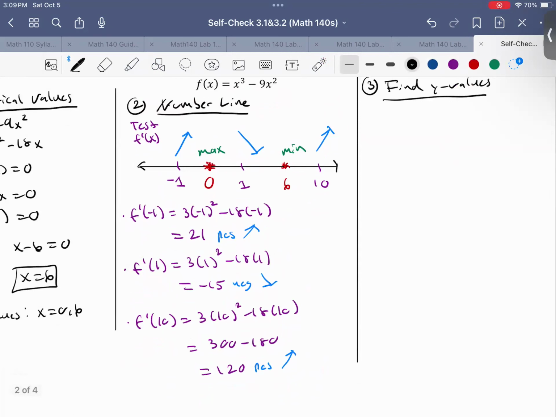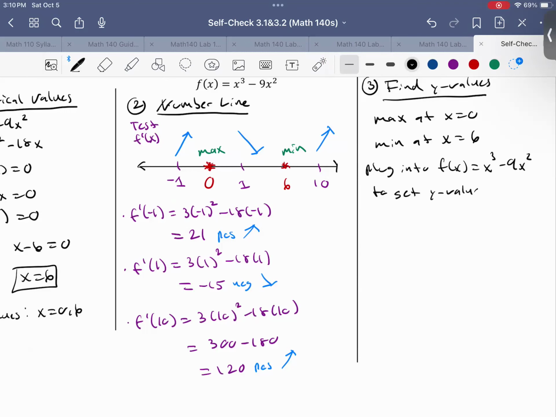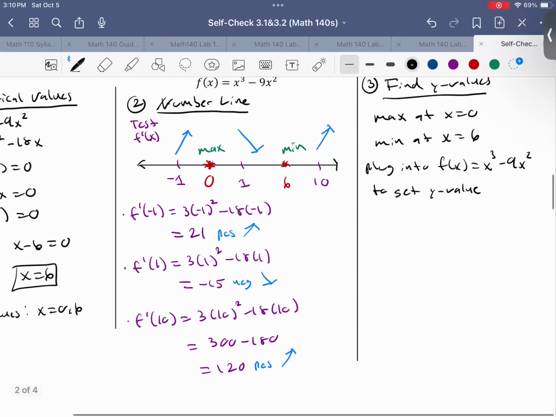So we know we have a max at x equals 0, min at x equals 6, right? So I need to plug these into f of x equals x cubed minus 9x squared to get the y value.